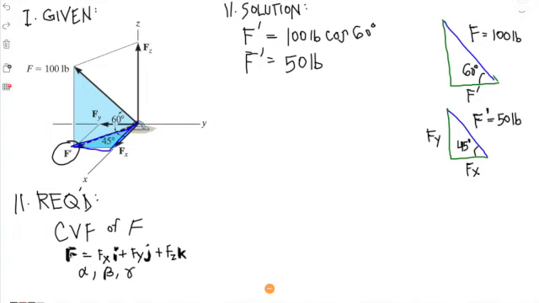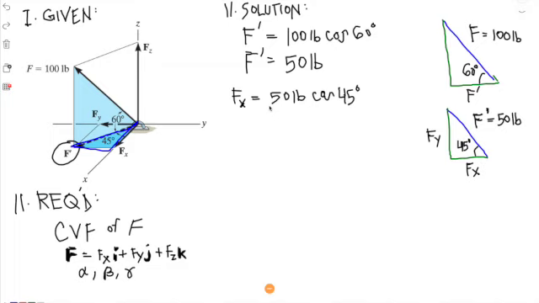Now solve for Fx. According to this triangle, Fx is the adjacent side to 45 degrees. That's why we will be writing down 50 pounds cosine of 45 degrees, since it's adjacent, so it's cosine.